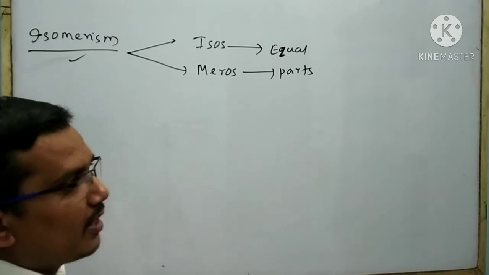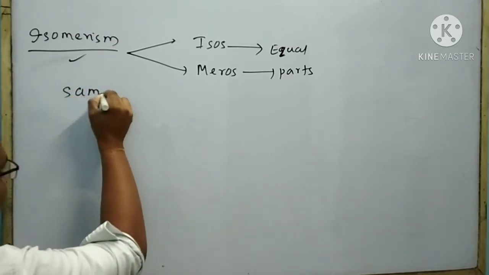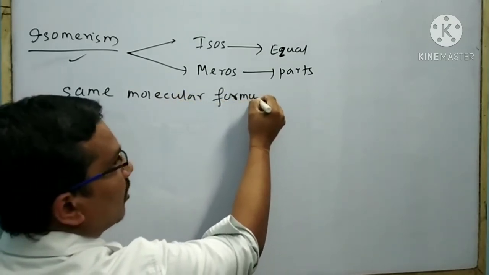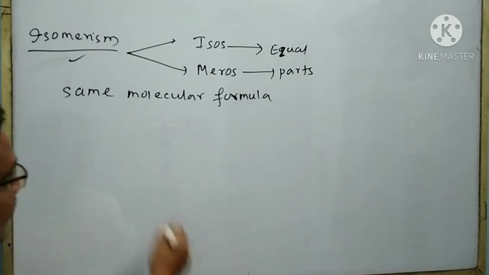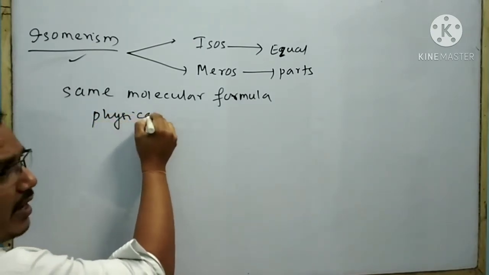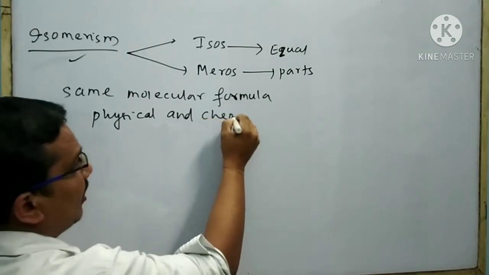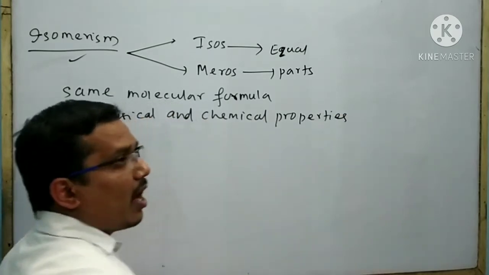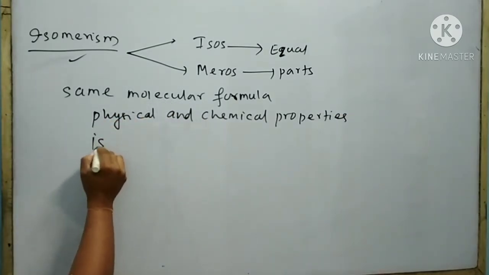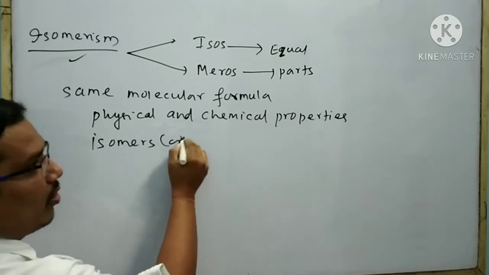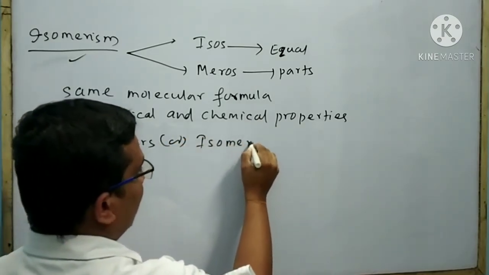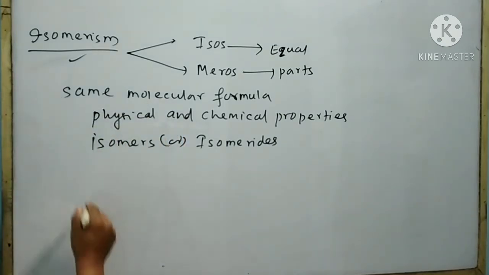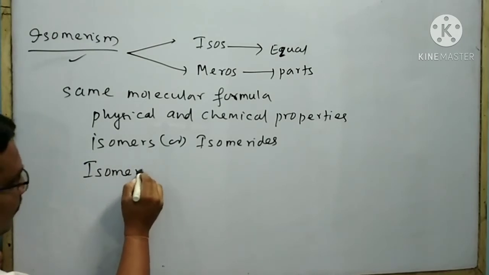What is the meaning of isomerism? The compounds having the same molecular formula, but differing in physical and chemical properties are called isomers. It is also called isomerites, and the phenomenon is called isomerism.